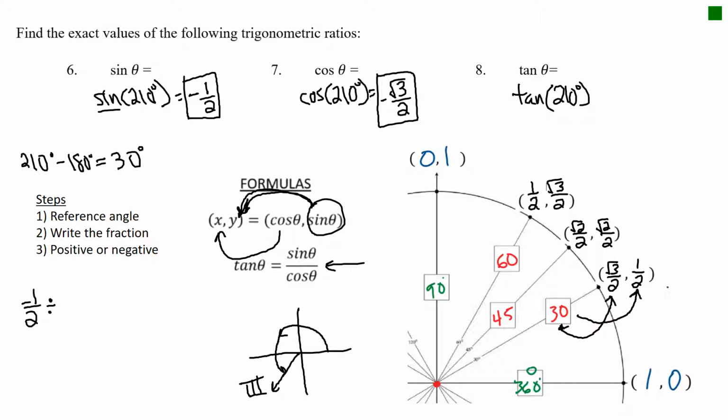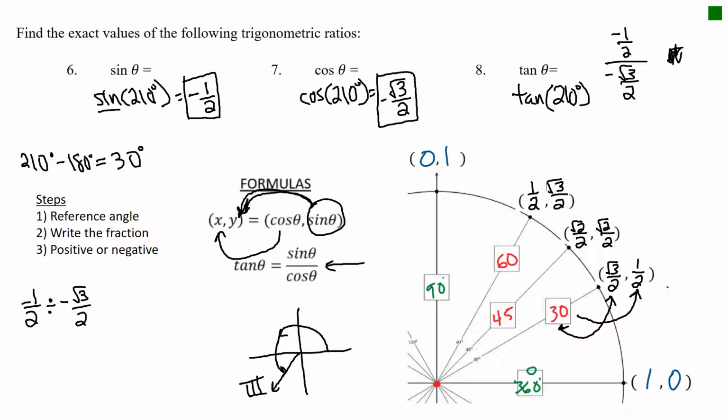So negative 1/2 divided by our cosine value, negative square root of 3 over 2. Now, if I write negative 1/2 divided by square root of 3 over 2, that's going to be the same thing as if I took negative 1/2 divided by a negative square root of 3 over 2.